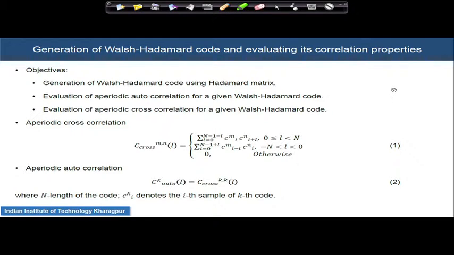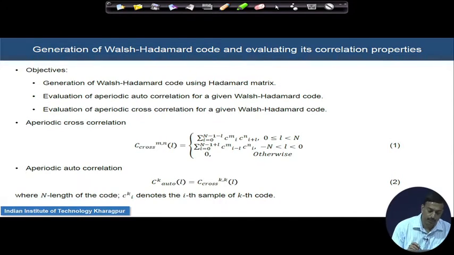So the objective of this tutorial is to generate a Walsh-Hadamard matrix, and the rows of this matrix will be corresponding to Walsh-Hadamard codes.